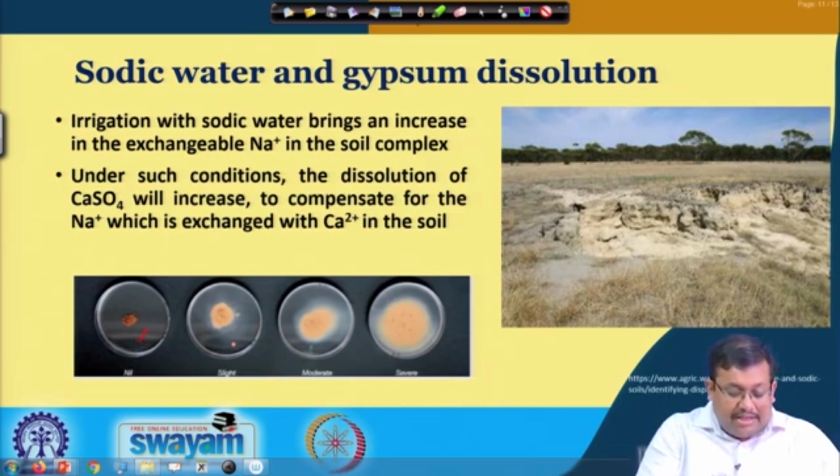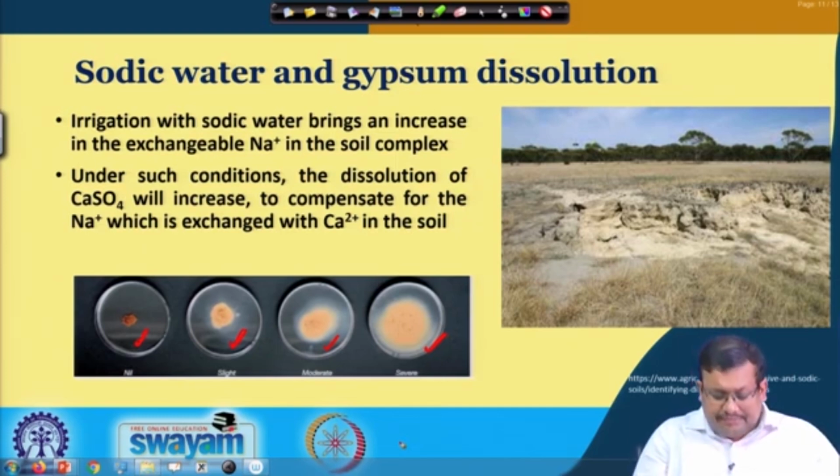As you can see, this is an ill effect of the sodic soil. Here, the exchange complex has nil sodium. Here it has slightly higher sodium content, in this condition a moderate sodium concentration in the exchange complex, and here a severe sodium concentration.